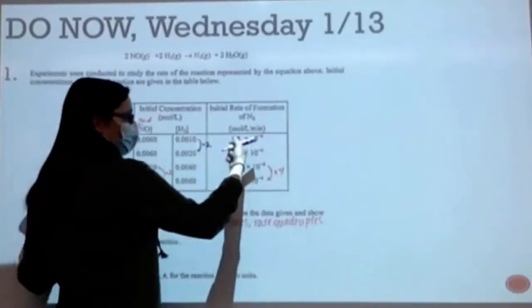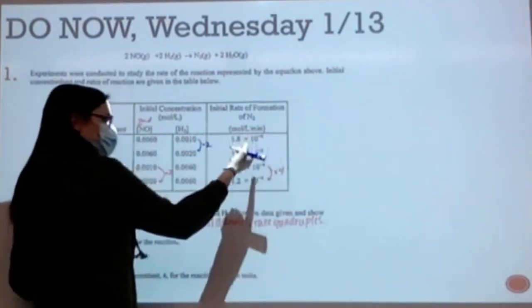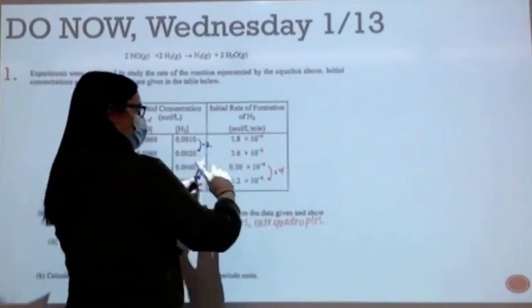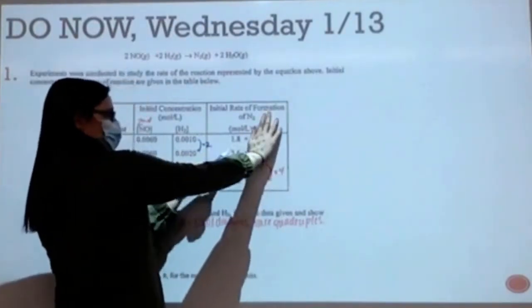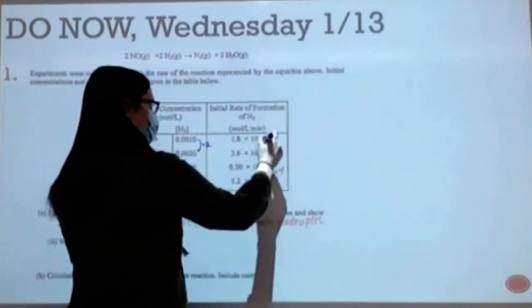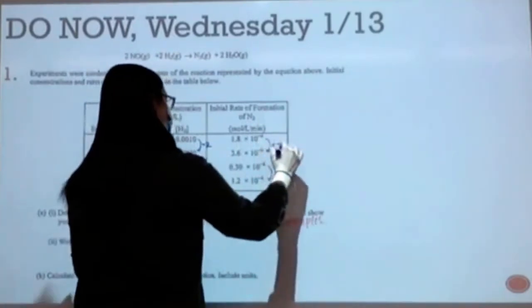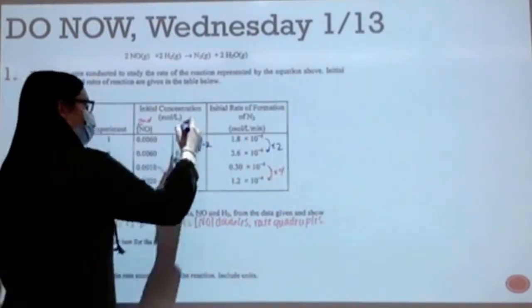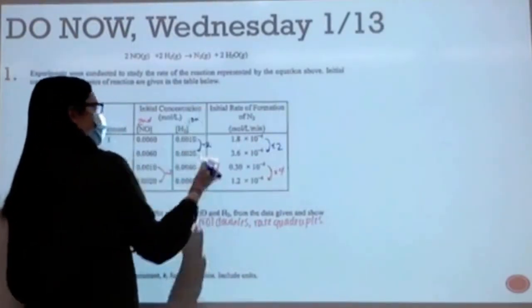The rate goes from 1.8 times 10 to the negative fourth to 3.6 times 10 to the negative fourth. Because these are the same, I can just focus on the numbers out front. 1.8 to 3.6 is also times 2. So I double the concentration, I double the rate. That means that H2 is first order.